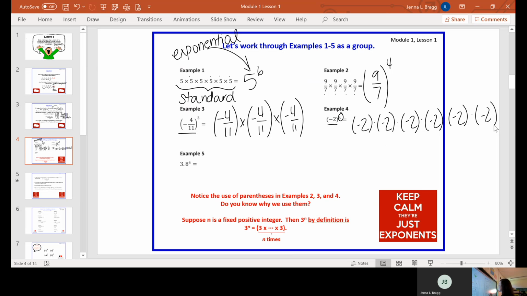It's being raised to the 4th power. You don't have to put parentheses for the decimals. We are multiplying 3 8/10 4 times. So that is standard and exponential form.